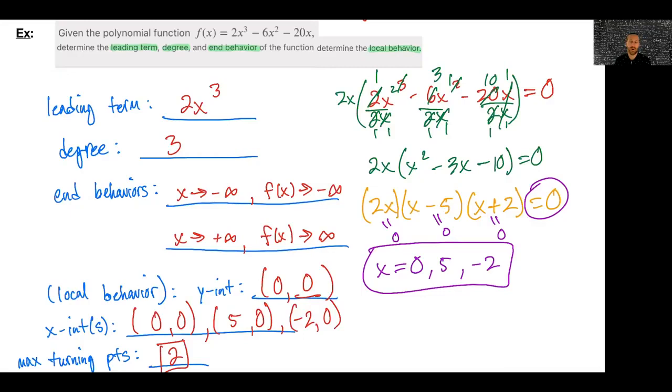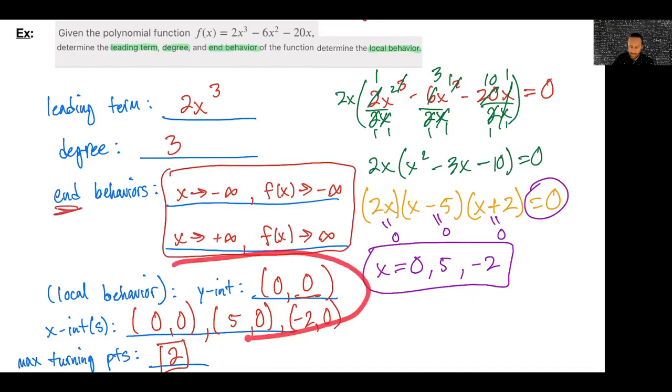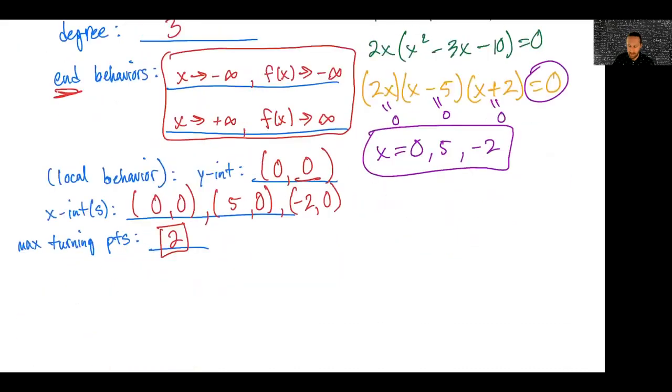And now that we found all of those things, how it behaves on the extreme ends, what some of the local points are, and how many places it changes direction, we should be able to graph this. So let's do it. What would the graph of this look like?